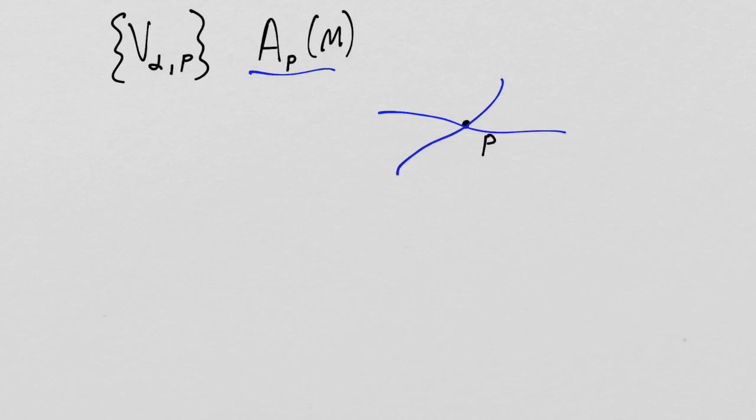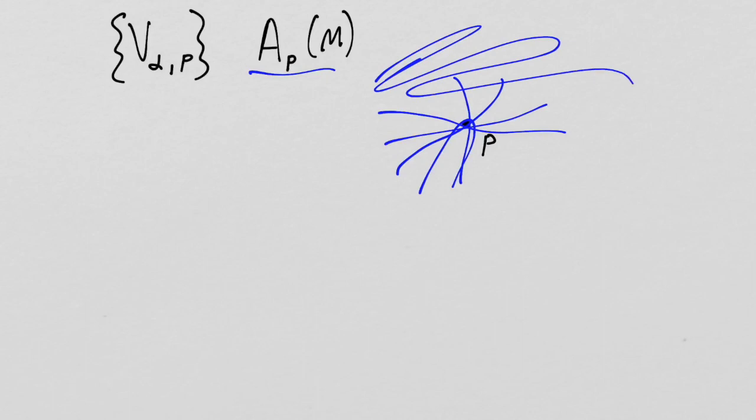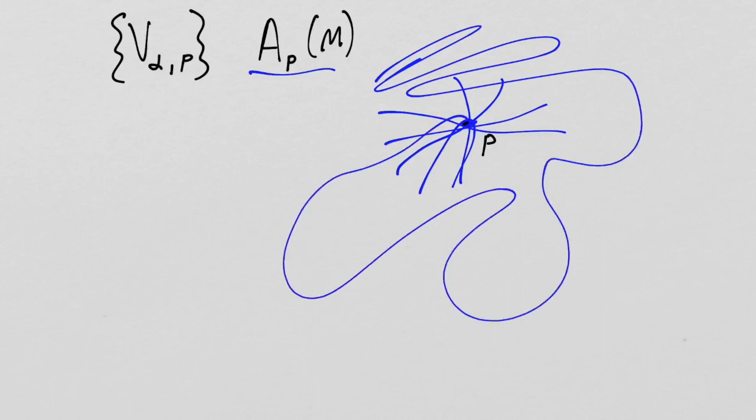All right, so now we have our set of all directional derivatives at P. And P is fixed in this story, as I'm sure you understand by now. P is fixed. Alpha runs through every member of the set A_P of M, which is every curve that goes through P of M. So if this is the point P in the manifold, our set A_P of M is the set of every one of these curves that goes through P. No matter how weird the curve is, it can go anywhere, but it goes through P, right?